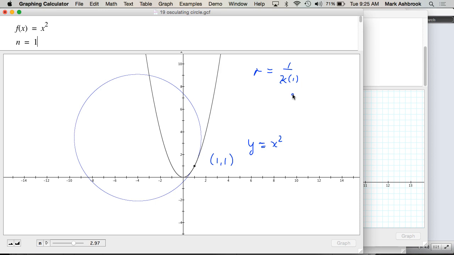And then how are we going to find where the center is? So we got this point. So where's the center in relation to this point? William.